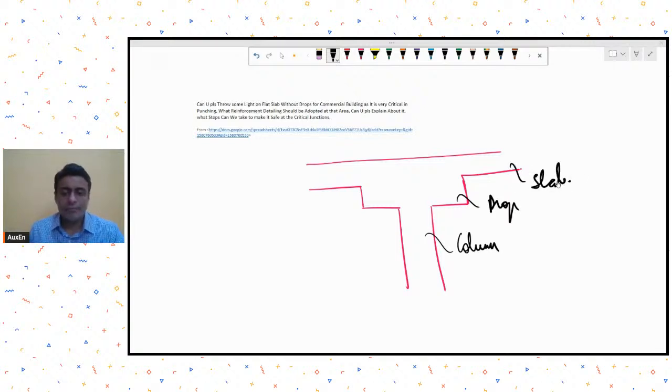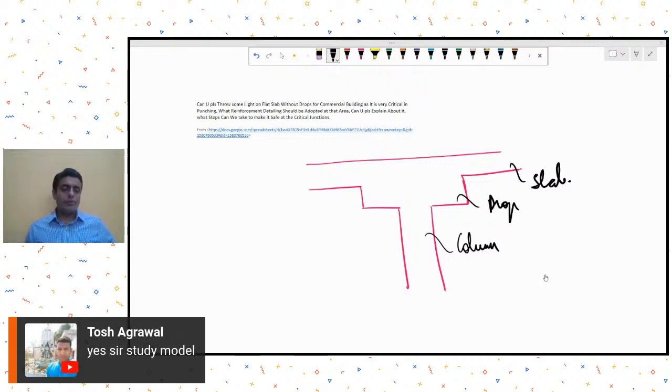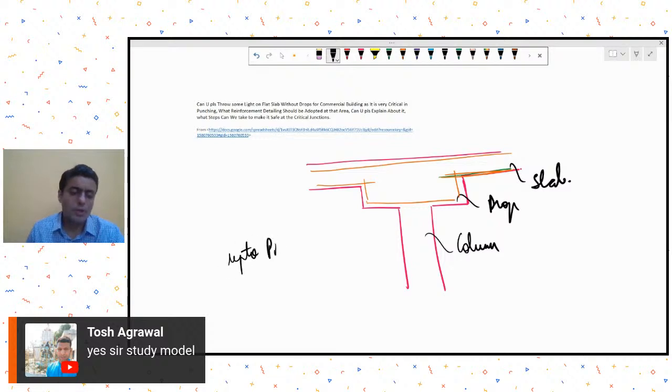So usually we provide drops below our flat slab because, as you are aware, punching is a critical issue. Our code allows that if you have a punching ratio up to 1.5, you may also provide punching reinforcement for it.